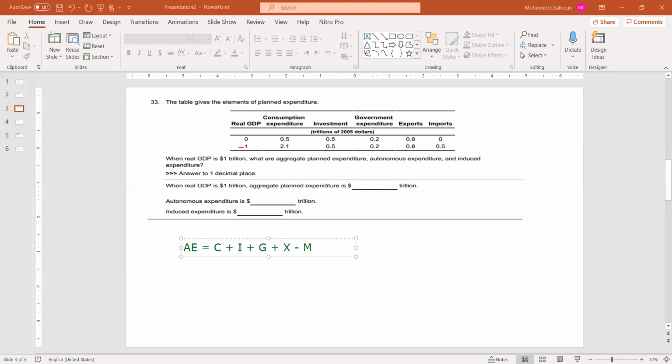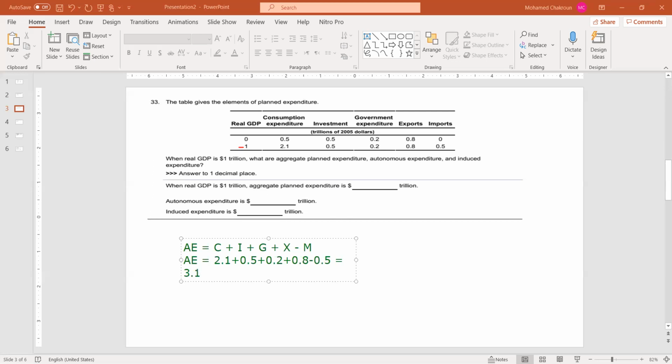So it's equal to 2.1 plus 0.5 plus 0.2 plus 0.8 minus 0.5. It's equal to $3.1 trillion.